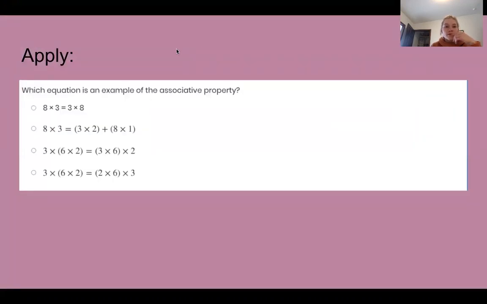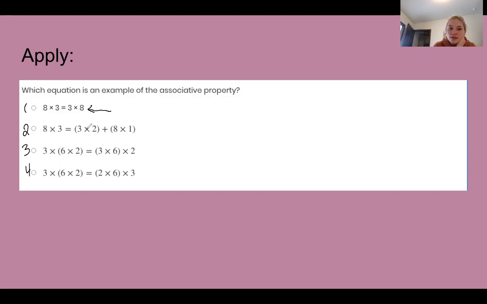Okay, let's do one more. Which equation is an example of the associative property? 1, 2, 3, or 4. Look at that multiplier. Is it different? Number 1. This is not the associative property. This is the commutative property.